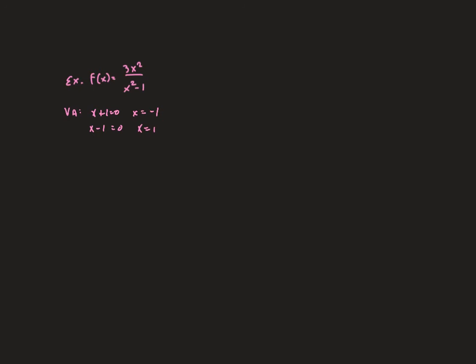So graphing, I know x is 1, 2, 3, -1, -2, -3. All right, so it looks like we're going to have two asymptotes here at 1 and -1. Those are lines that we're going to approach but never touch.